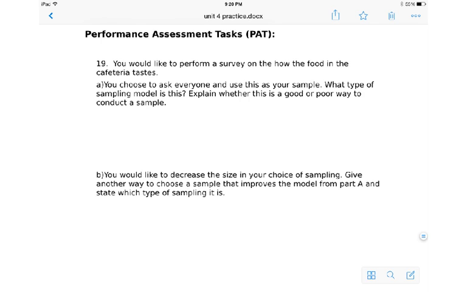What type of sampling model is this? Explain whether this is a good or poor way to conduct a sample. Now, the reality is you actually can't ask everyone, so I have a sneaking suspicion that this problem was supposed to say you ask everyone who enters the cafeteria. So let's just make this everyone who enters the cafeteria.